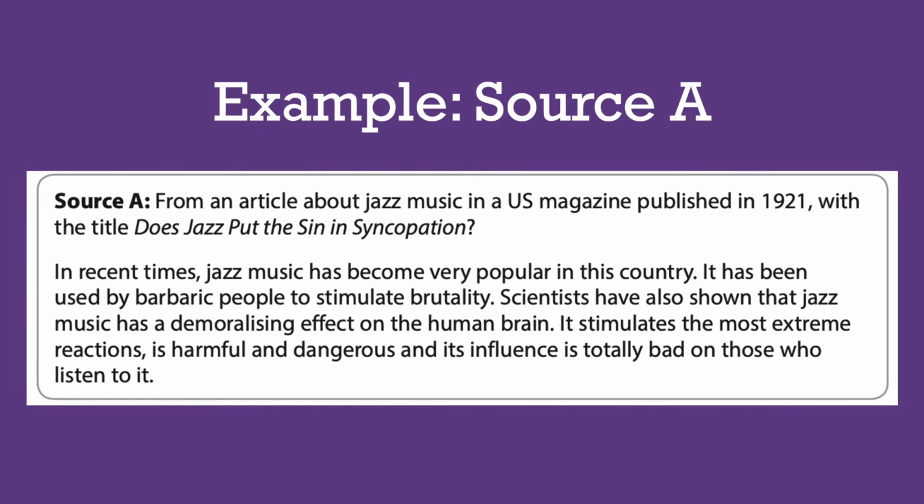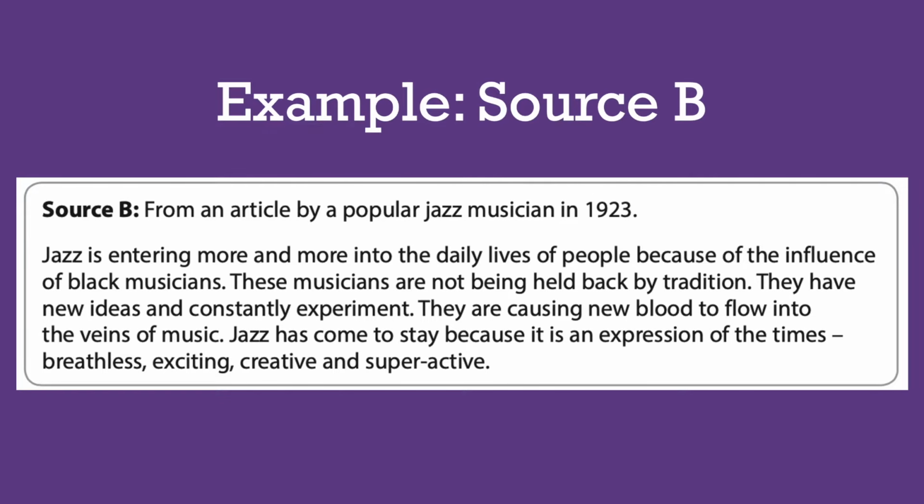I'm not going to read it out, I just want you to know that this is how a source looks like. This is source B. It has the same format as source A, but different content, and it's from different people. For example, this one is from an article by a popular jazz musician in 1923, and you might not think that this information in the beginning is important, but it could be according to what the question is.